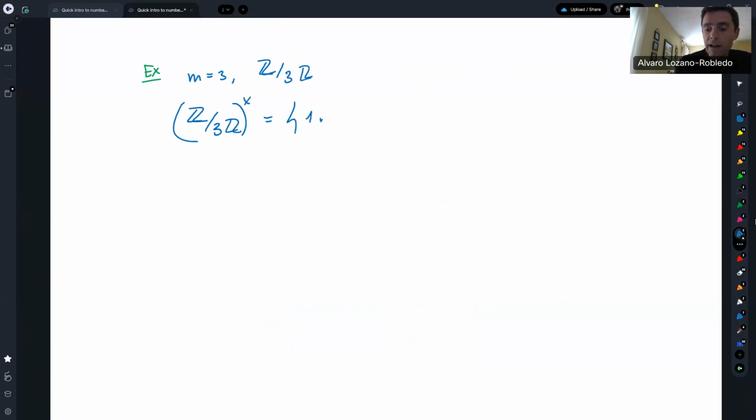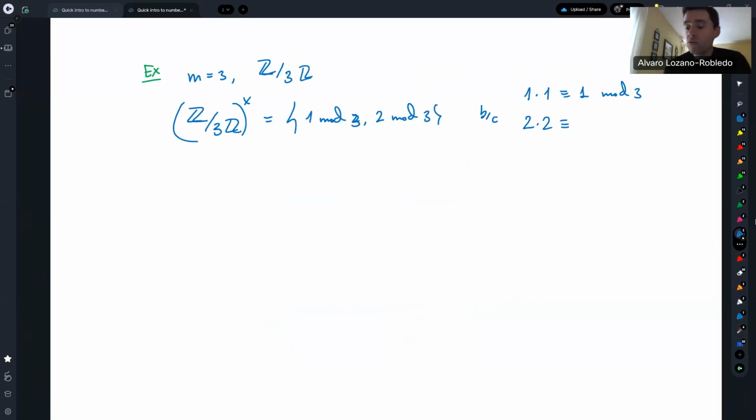That will be the class of 1 and the class of 2. Because 1 times 1 is 1, so 1 is its own multiplicative inverse. And 2 times 2, from the table that we came up with, is 4, that is 1 modulo 3. So 2 is also its own multiplicative inverse.